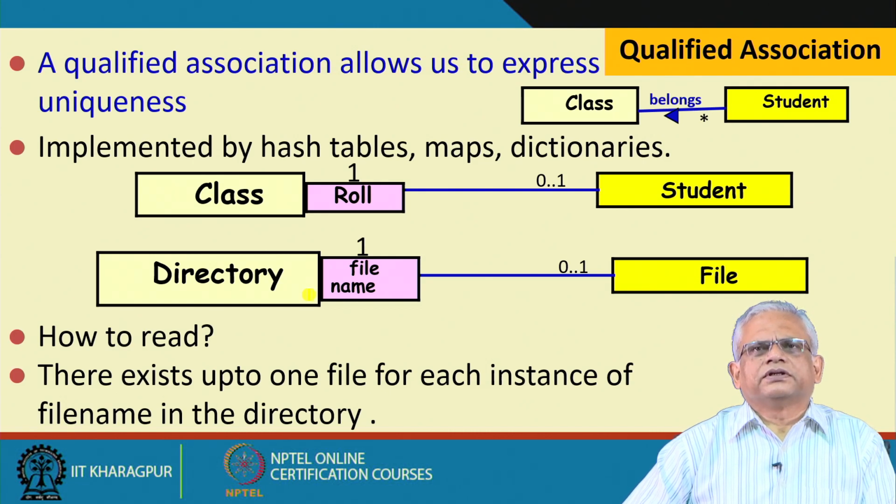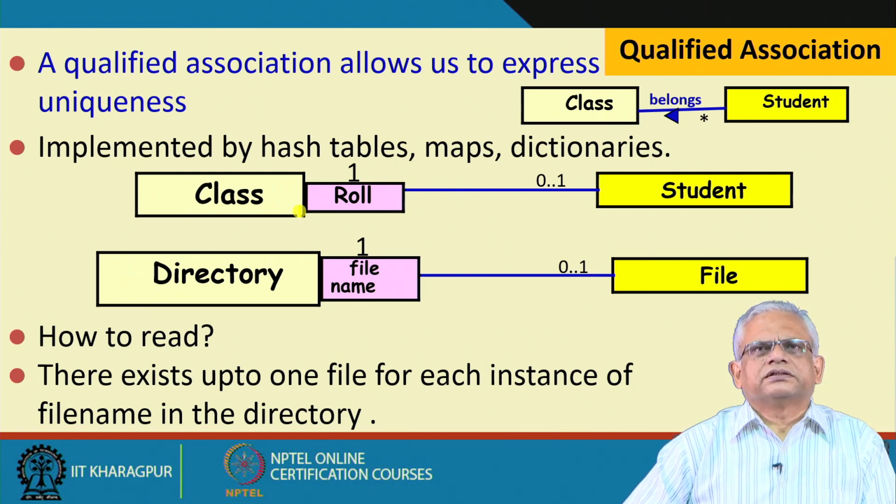Of course, it can happen that a file name exists, but there is no file associated with it. It's dummy. But then, given a file name, you can uniquely identify the file. There can be at most one file with that file name. So that we express with this.